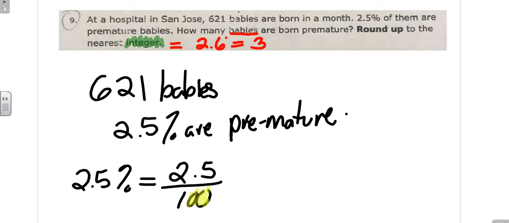Once again, because I have 2 zeros there, to make a decimal, you move the decimal 2 places to the left. So I have 0.025.